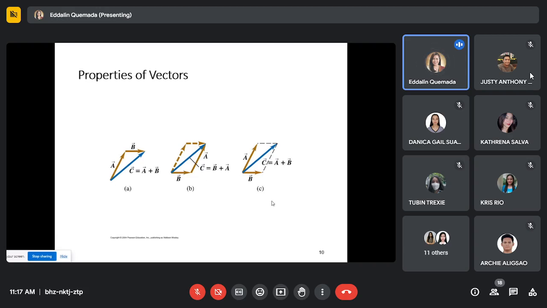What property of vector addition, class, is being shown in this given case?